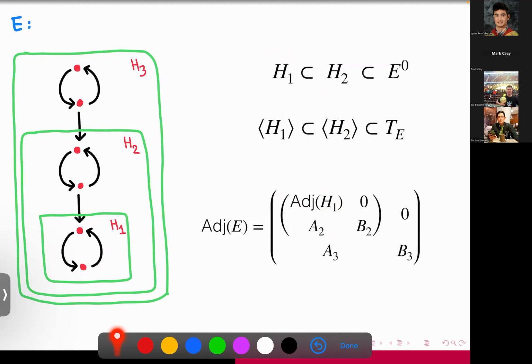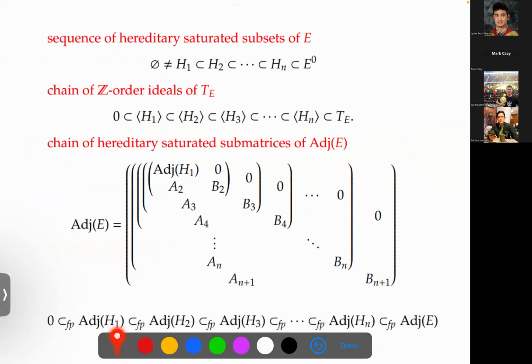So what do we get? We see that we have a sequence of hereditary saturated sets here, which turned out to be a sequence of Z-order ideals and some sort of sequence in your adjacency matrix. As a matter of fact, that's what I've said earlier. Have a sequence, and a sequence.